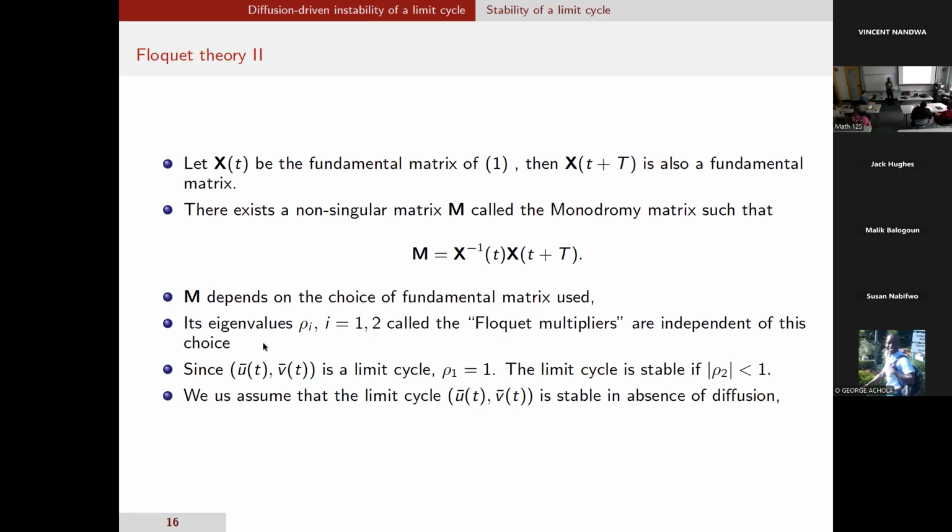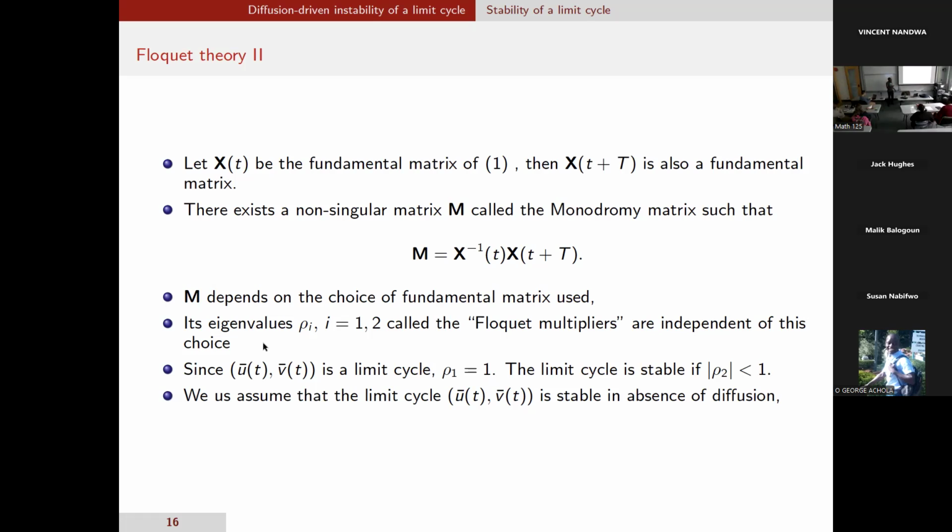Otherwise those Floquet multipliers might seem to depend on t. But wherever you start from, even if you pick anything in the middle, you will get a different matrix M, but the multipliers are constant irrespective of the M you get. So the Floquet multipliers do not depend on this choice.